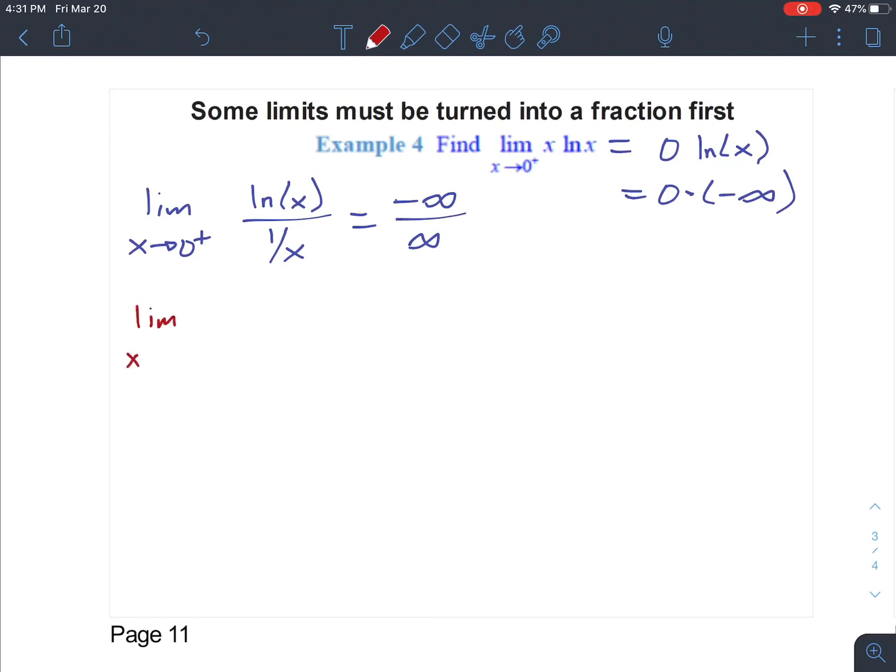So, doing L'Hopital's, we're going to get 1 over x on top. On the bottom, what we will get is negative 1 over x squared. And let's go ahead. I think some of you might see how this would simplify. We could cancel x from top and bottom. If it is easier, though, just multiply by the reciprocal of the denominator.